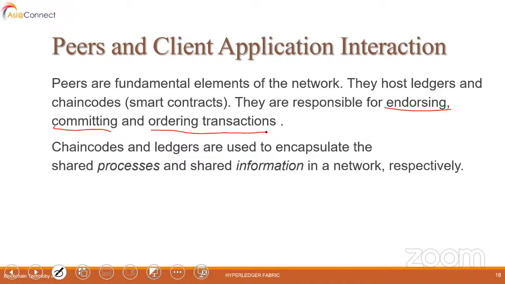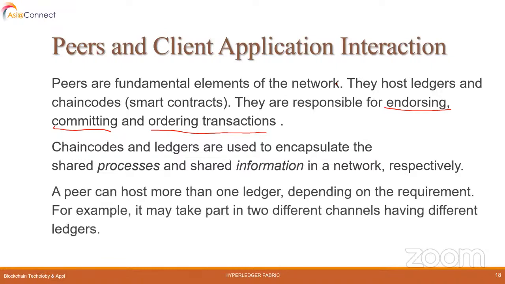And then those processes have been automated. And then those ledgers will be containing the transactions that are there. So a peer can host more than one ledger, depending on the requirement. For example, one peer can take part in 2 different channels having different ledgers.